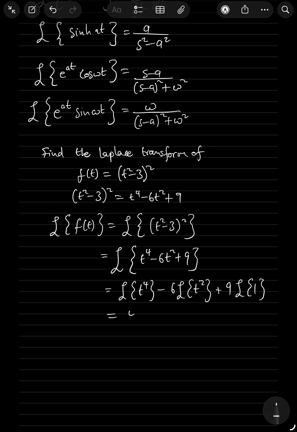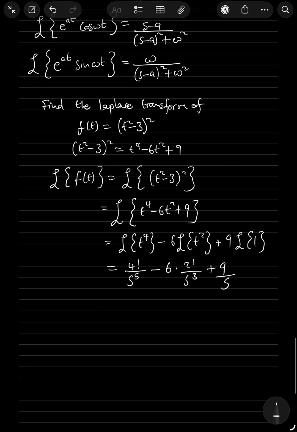This is going to be 4 factorial over s to the power 5, since 4 plus 1 is 5, minus 6 times 2 factorial over s cubed, plus 9 over s, because the Laplace transform of 1 is 1 over s. So this is what you get, isn't it?